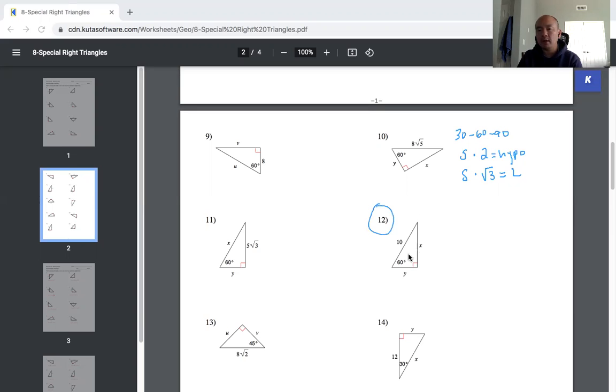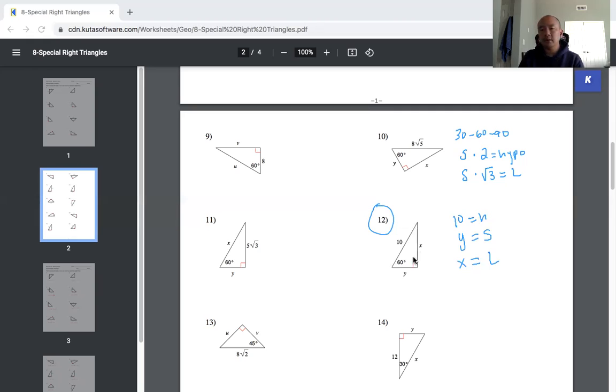Okay, so let's say number 12 for a sec. If we do number 12, we notice that, first of all, 10 is the hypotenuse, y is the short leg, x is the long leg. Once you define those right away, because the short leg is the shortest side, the long leg is the middle length side, and the 10, the hypotenuse, is the longest side.